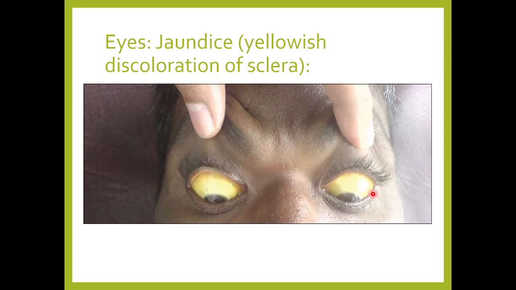We can say jaundice, but if there is no yellowish discoloration of the sclera, you cannot say there is no jaundice, because clinical jaundice is different from biochemical jaundice. So we say here the patient is jaundiced, or if it is white sclera, you say that there is no yellowish discoloration of the sclera.